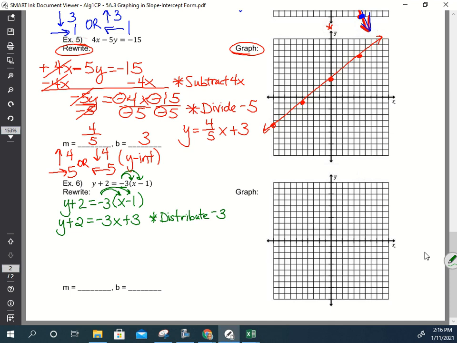We still got to get that y by itself, though. So something's got to happen with that, too. There you go. Subtract 2 on the left, subtract 2 on the right.